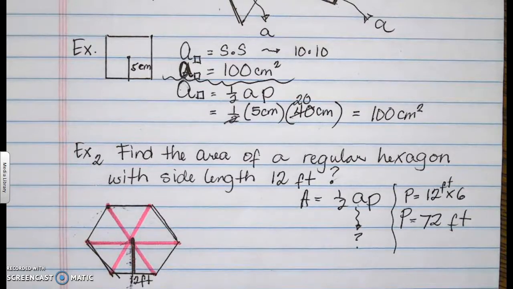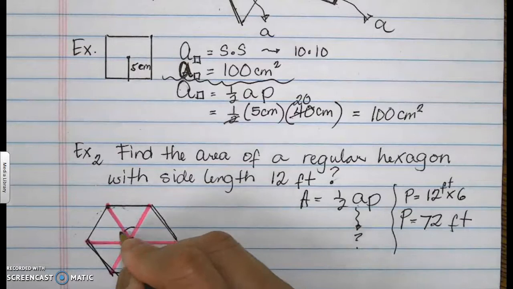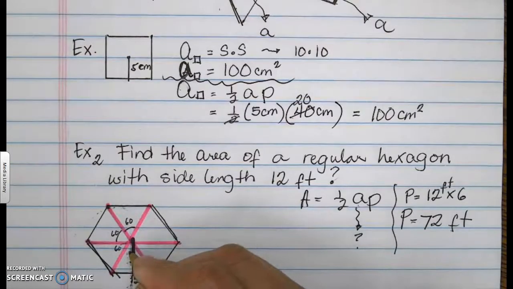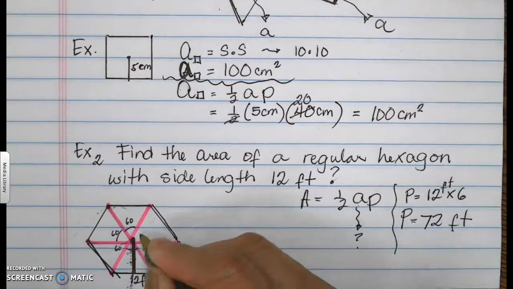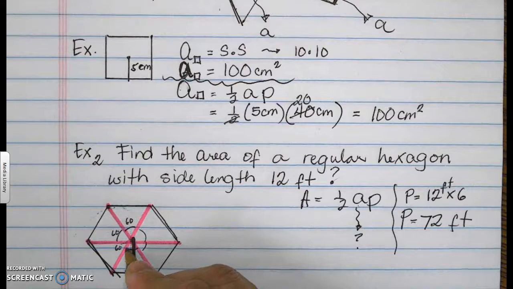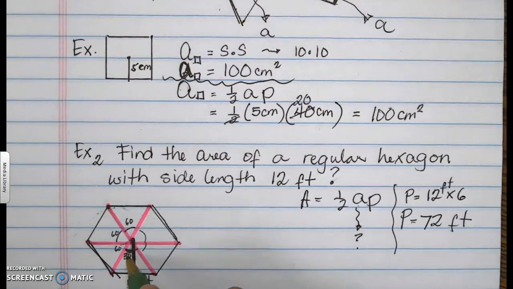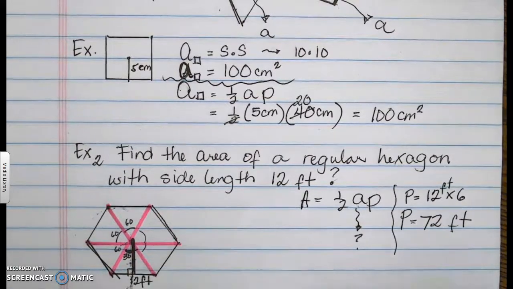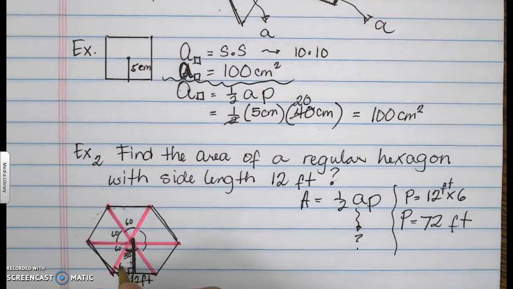And so I know that all of these are 60. So 60, 60, 60. Because that's 60, I know that this right here is 30. If that's 30, then this is 90, and this is my 60-degree angle.